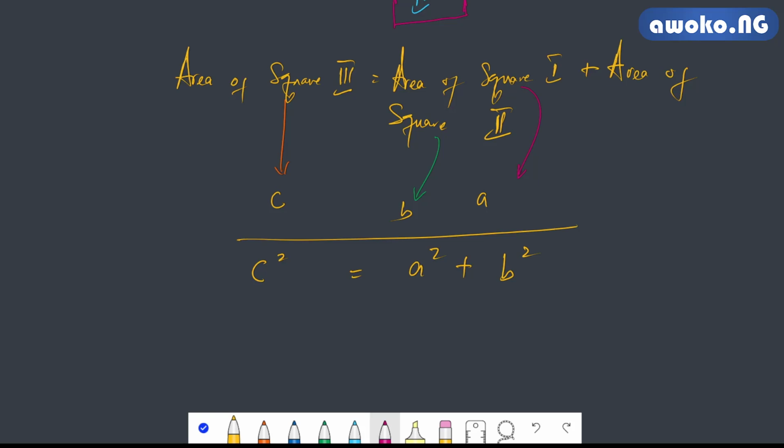And this is the Pythagoras theorem. Now, alternatively, this theorem can be stated as follows.